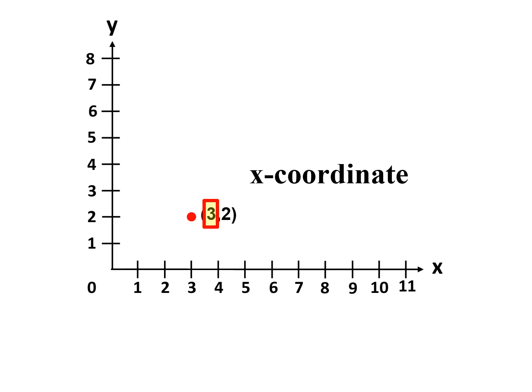The first number, the number on the left, is called the x-coordinate. The second number, the number on the right, is called the y-coordinate. The y-coordinate of the point tells us the point is located directly sideways from the number 2 on the y-axis.